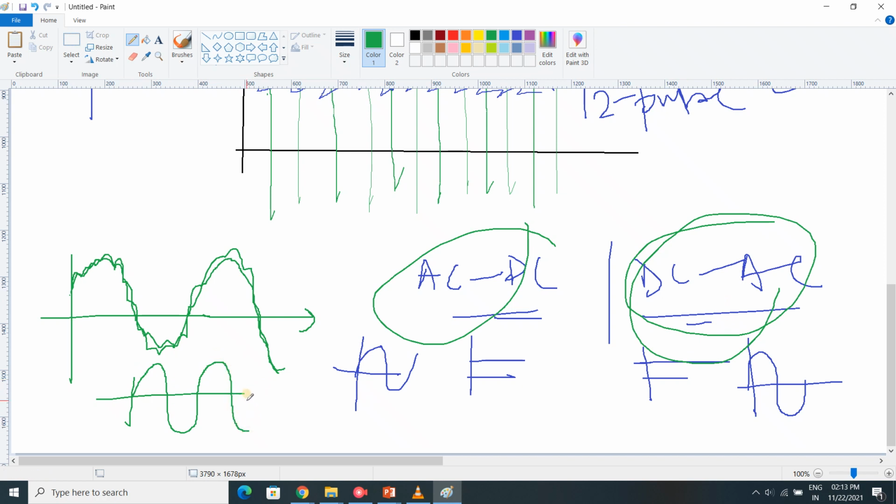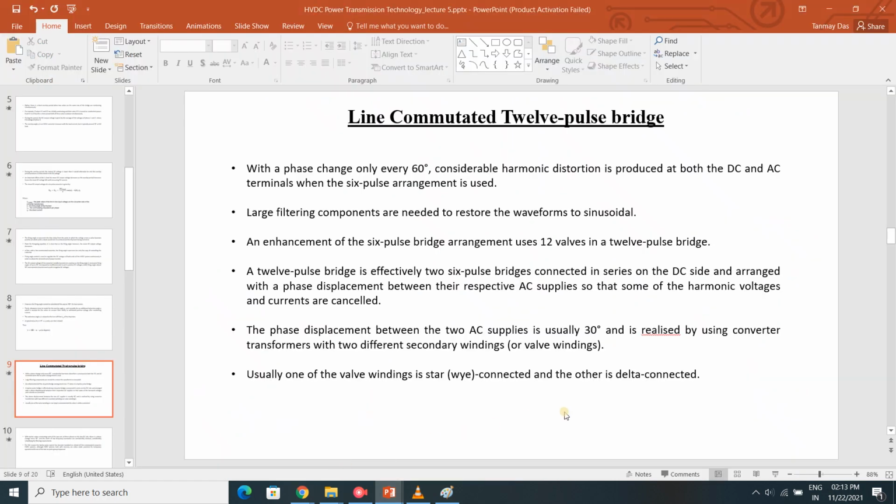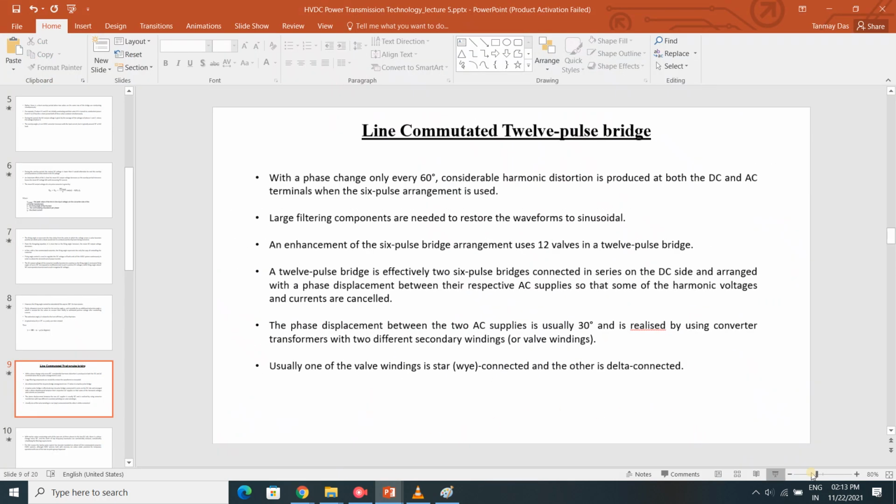Similarly, in a 12 pulse inverter we also get a smoother AC, but it is not 100% smooth. We will require some filters, but still the filters will be required less, because we are using a 12 pulse.